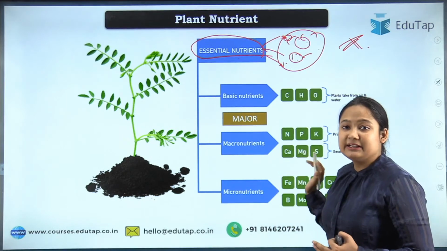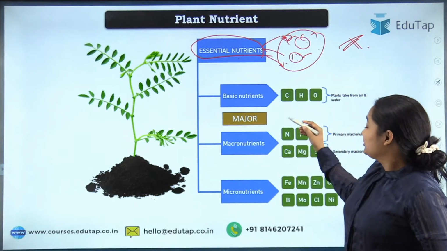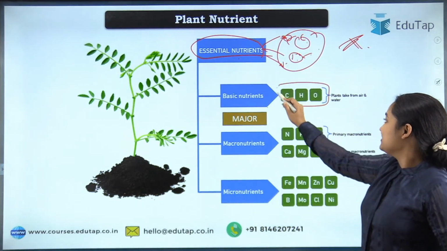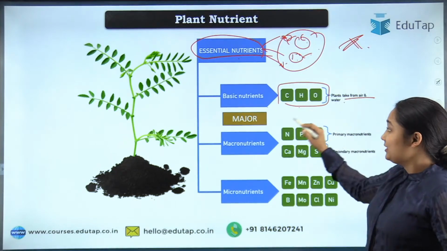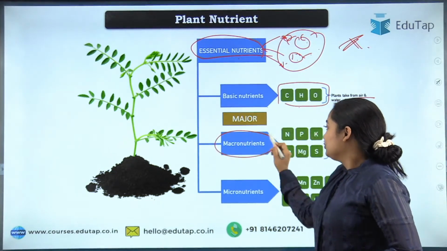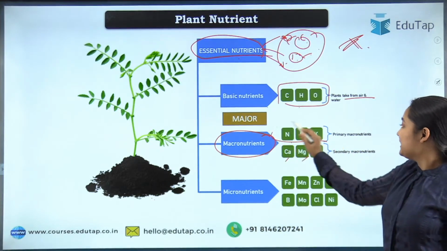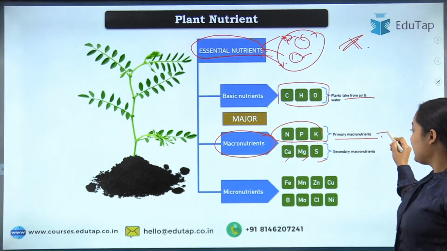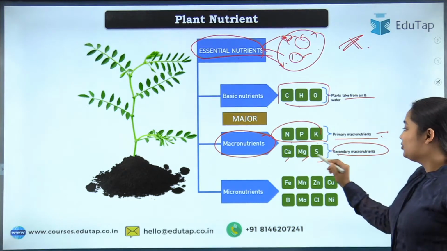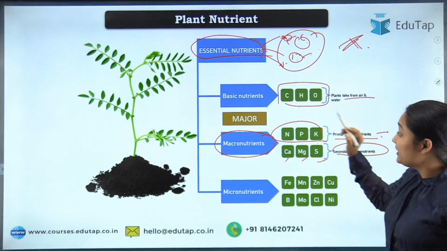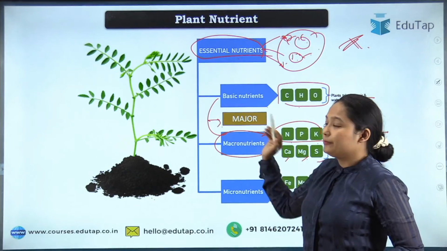So that is clear. Now moving to the basic nutrients. Basic nutrients are CHO, which the plant takes from air and water, and macronutrients are NPK, calcium, magnesium and sulfur. NPK is your primary macronutrient, as we all know, and secondary macronutrients are calcium, magnesium and sulfur. These two make your major group.